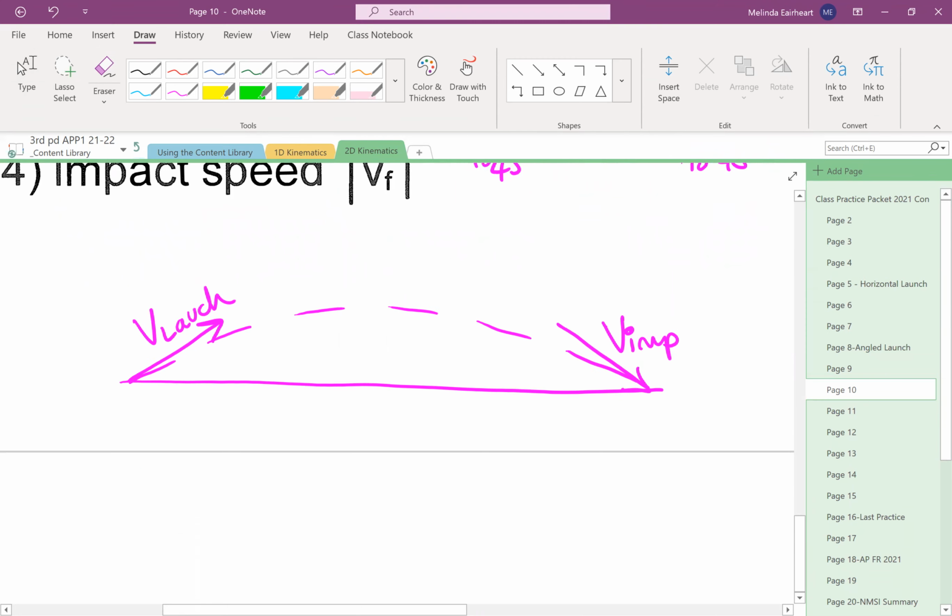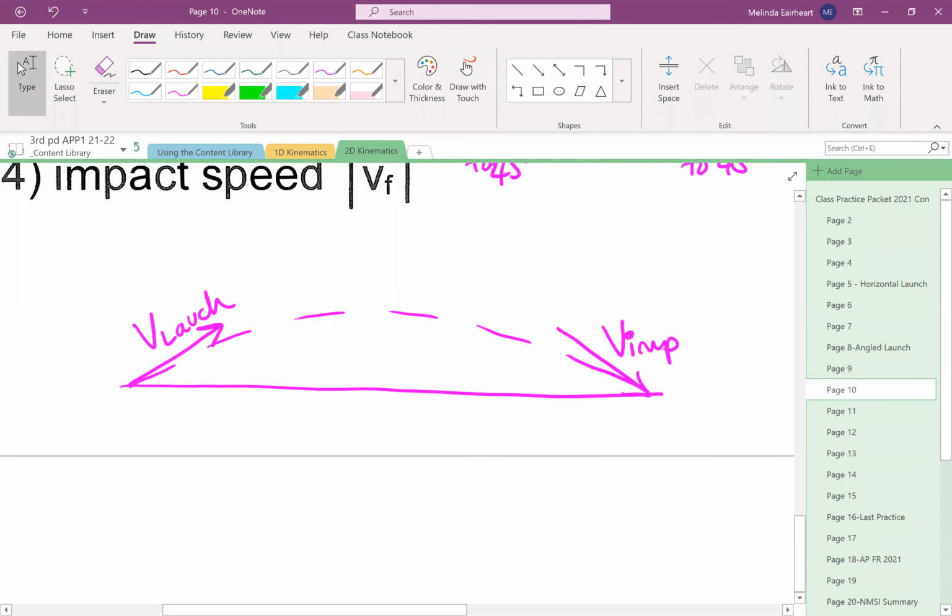Now I drew this picture as specific as I could there. Do you see the symmetry? Horizontal velocity is going to be the same all the way throughout, even at the peak.